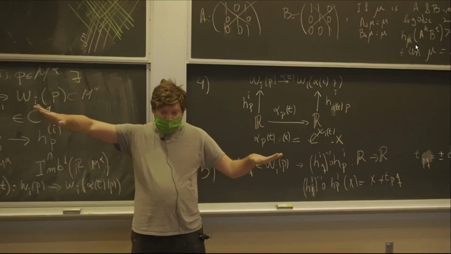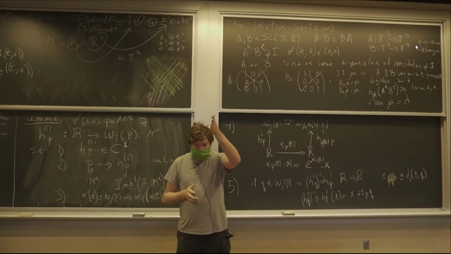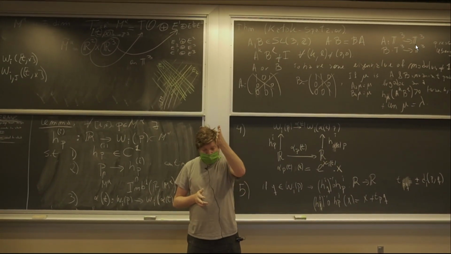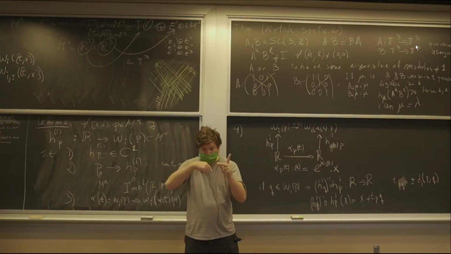So then you have this R2 orbit. And perpendicular to these R2 orbits are these fibers, which are the same as T3. And on these fibers equal to T3, you have these 3 directions, 3 foliations.